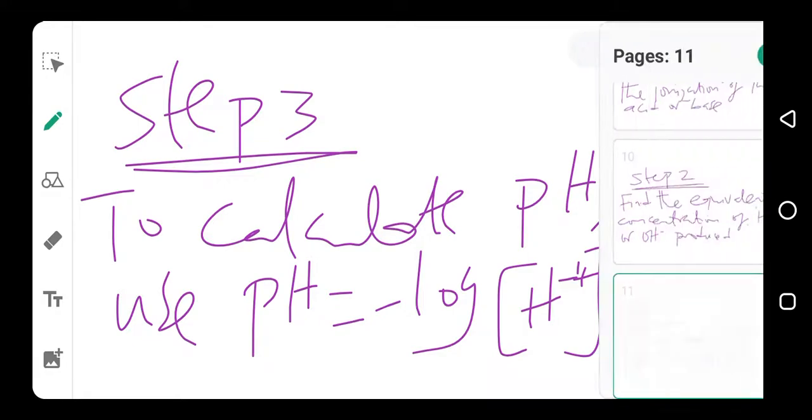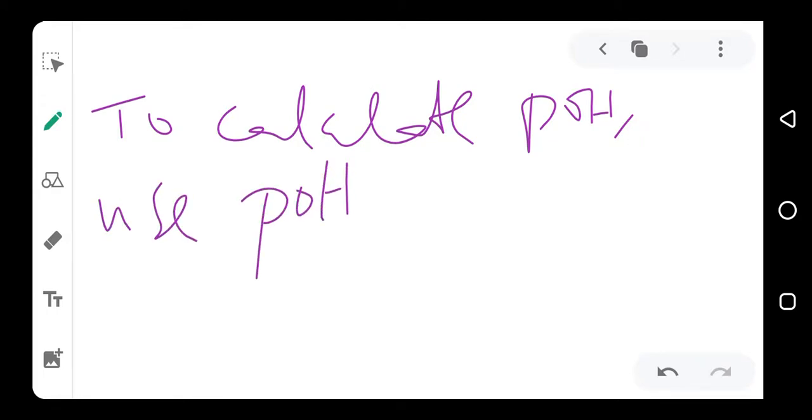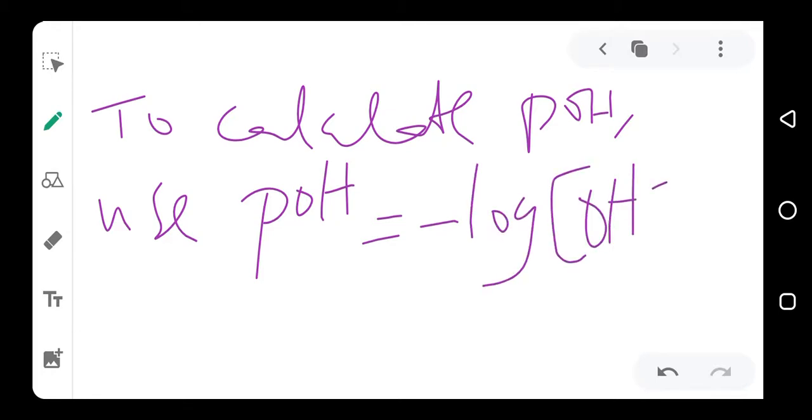But if we are calculating pOH, use pOH equals negative logarithm of hydroxyl ion concentration. So this is step 3.